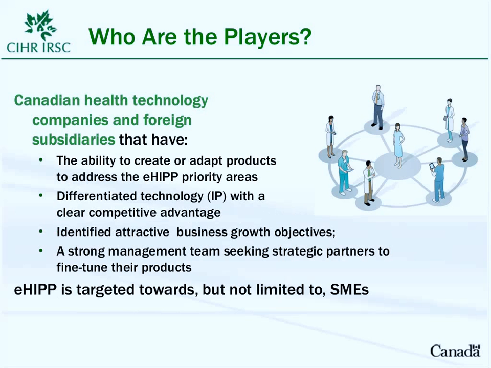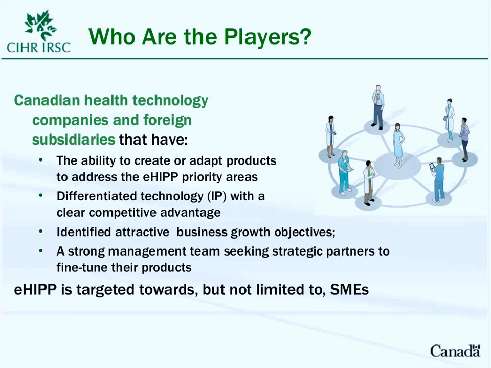The second part of the team needs to be Canadian health technology companies or foreign subsidiaries. And these companies, and we're imagining it would be plural, meaning more than one with any given application, need to have products that may make a difference and are thought to be important in terms of solving gaps and inefficiencies in care.